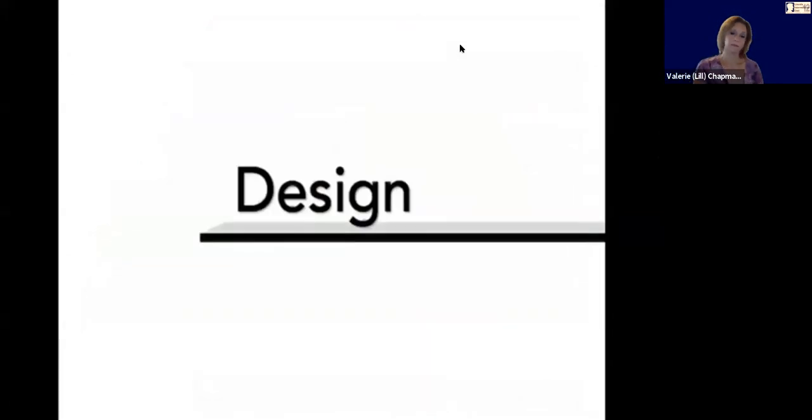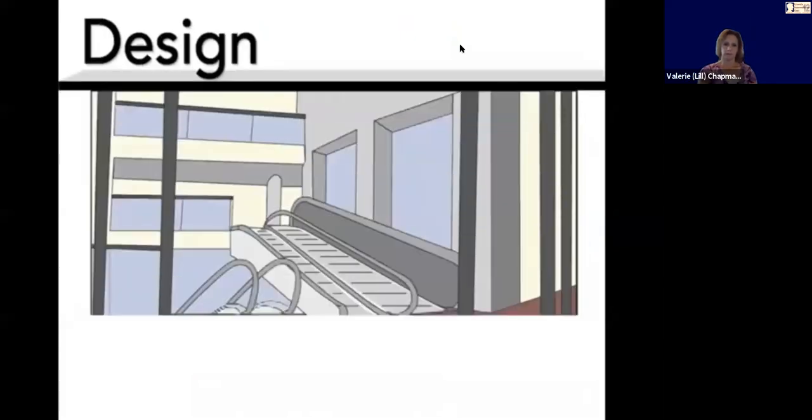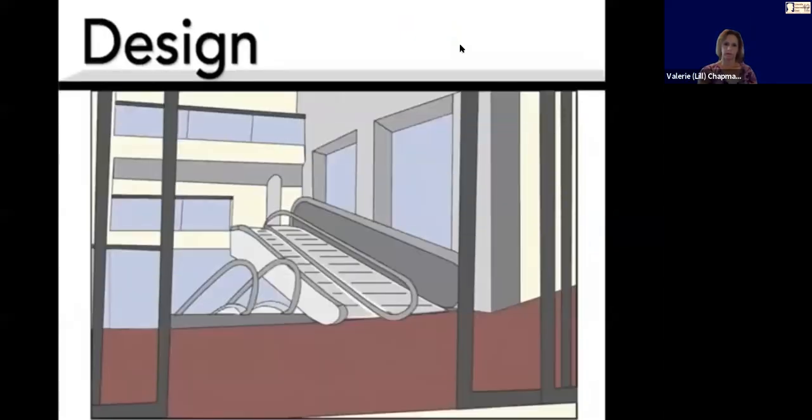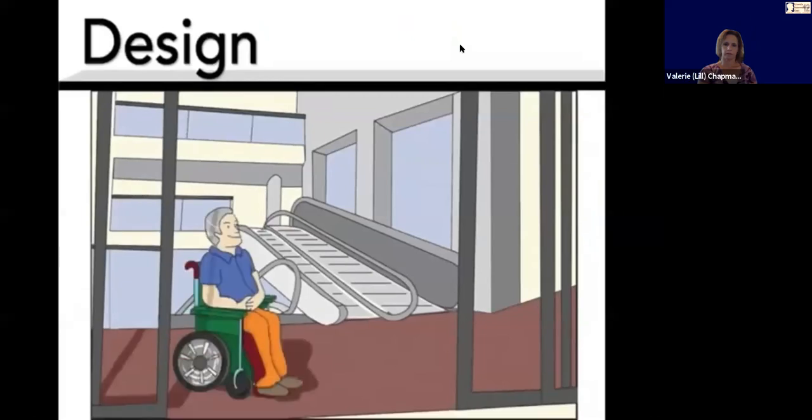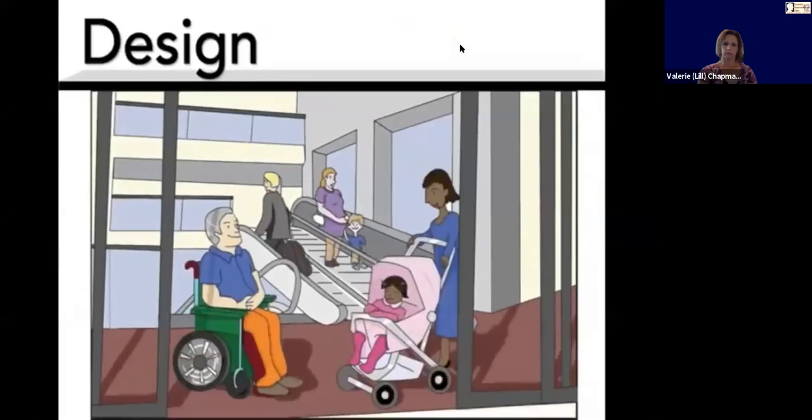This is where the word design comes in. A universally designed building is planned to be flexible and to accommodate all kinds of users, with and without disabilities. It turns out that if you design for those in the margins, your building works better for everyone. Curb cuts and ramps are used by people in wheelchairs, people with strollers, and people on bikes.